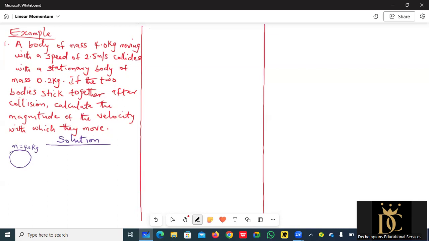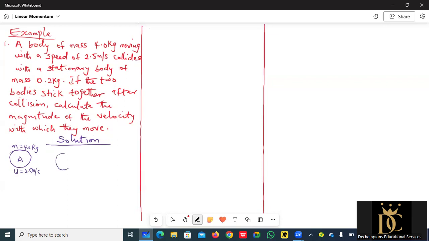Let's call it object A, moving with an initial velocity, that is U, equals 2.5 meter per second, collides with a stationary object.